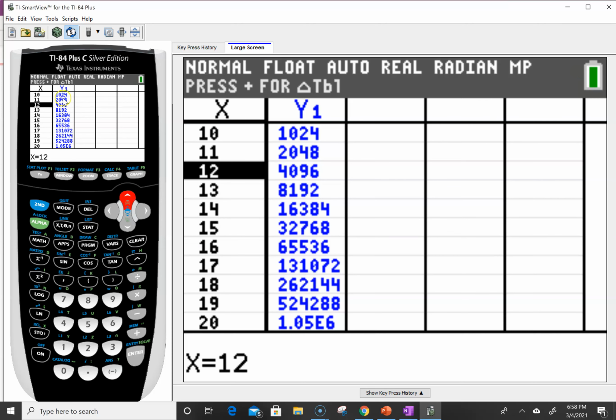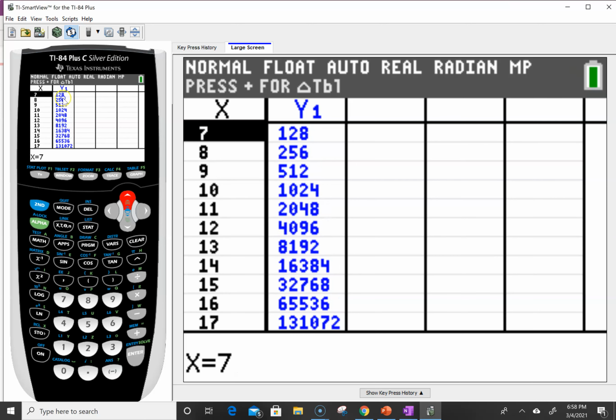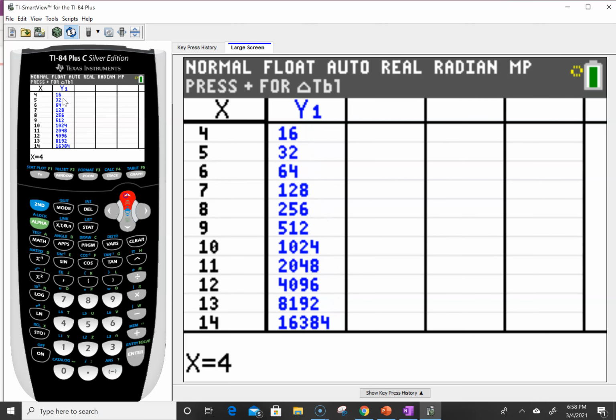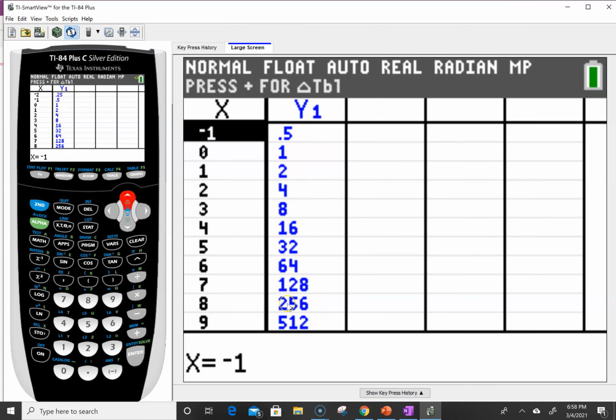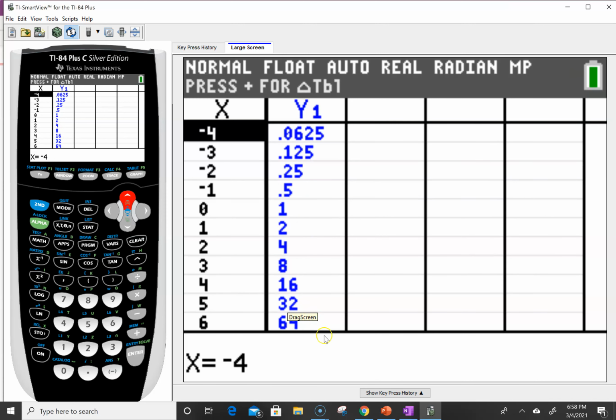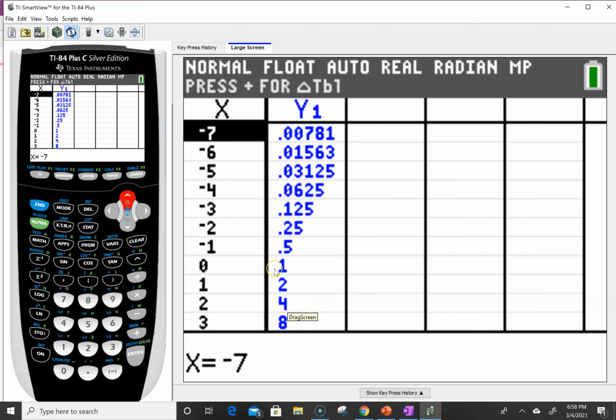Let's go back up here. I scrolled a little too far. All right, so here are the numbers. Oh, now it's going to go on forever and be crazy. Okay, here are the numbers that you want, some in here.